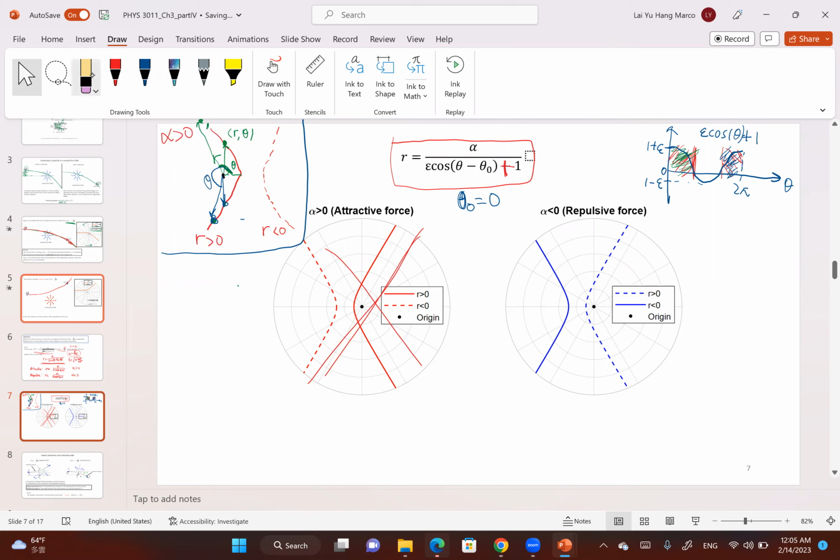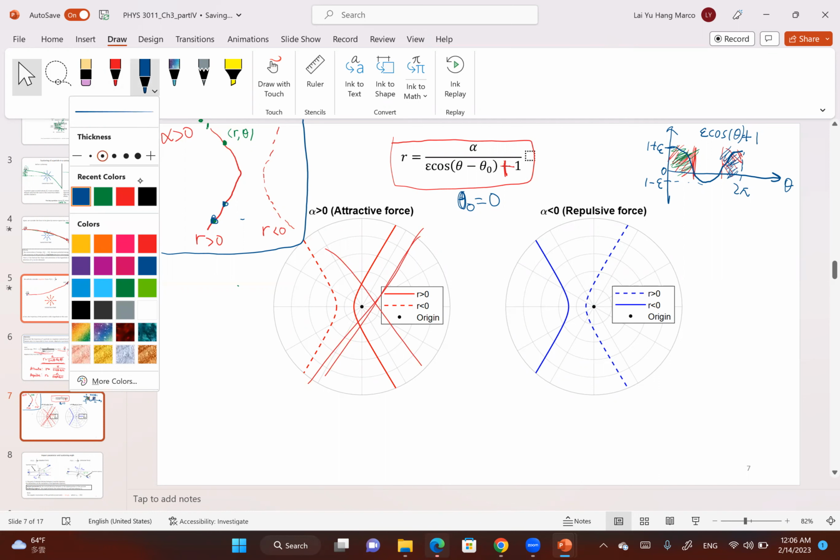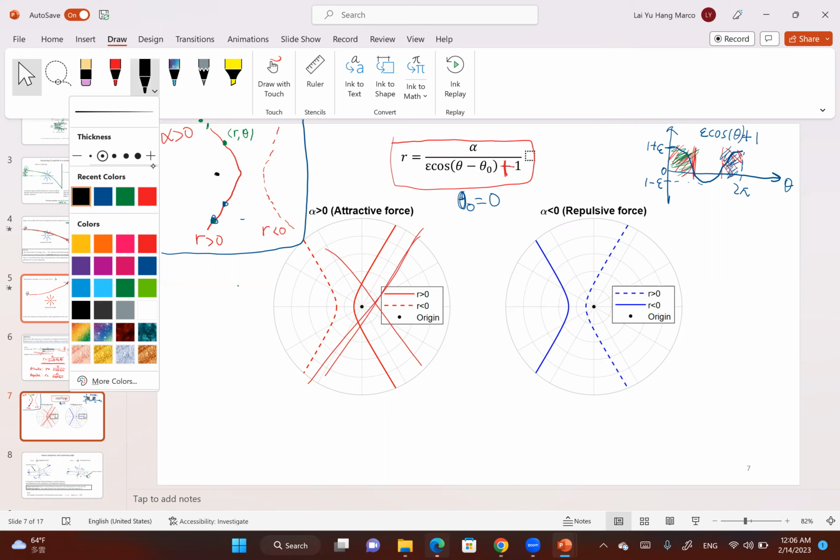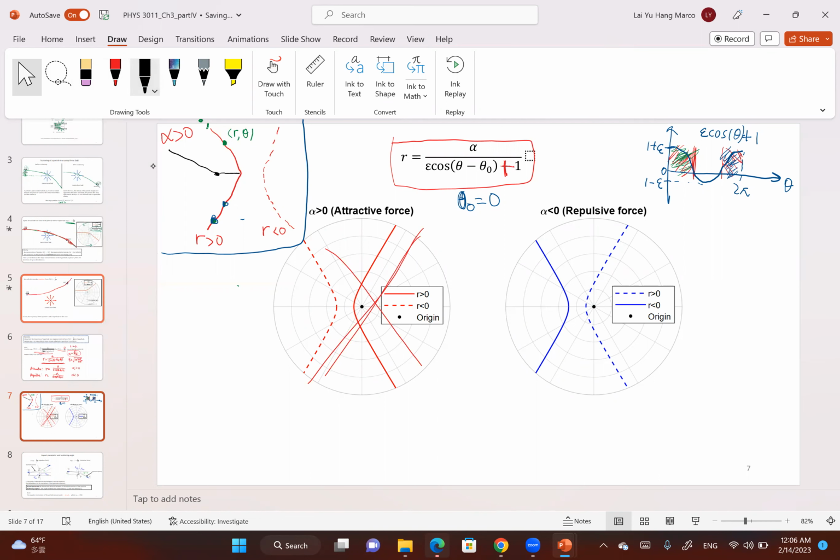Now, with my origin point over here, suppose I select a theta value such that the denominator is negative.